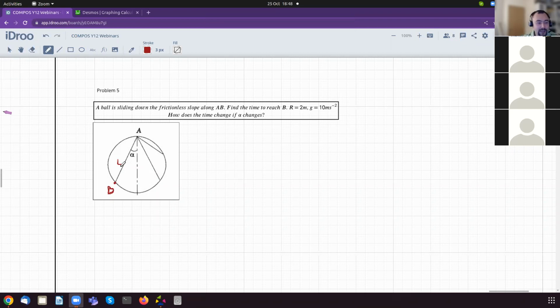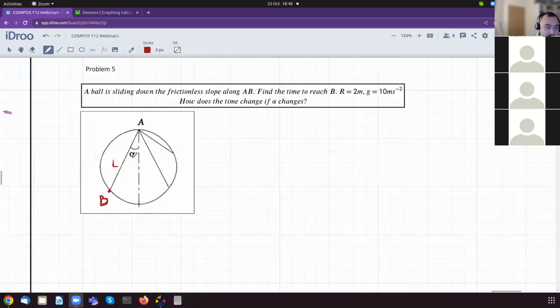Okay, so we need to find the distance traveled and we need to find the acceleration. Acceleration is going to be quite obvious because if you're on an inclined slope, you need the component of g along that slope. So you split g into components. This is g cos alpha, and this is g sine alpha.